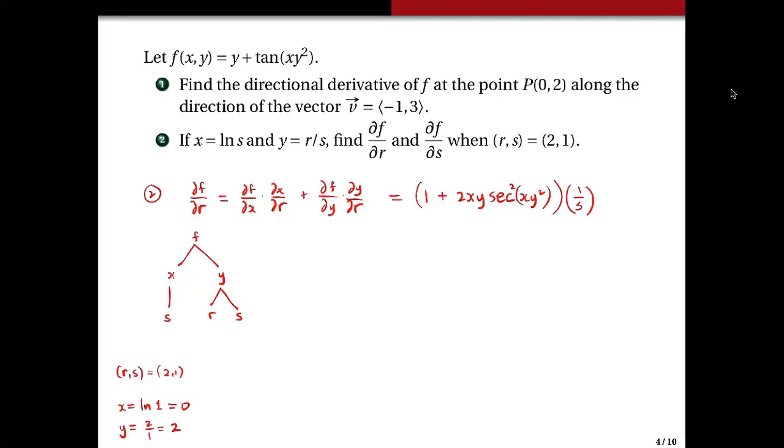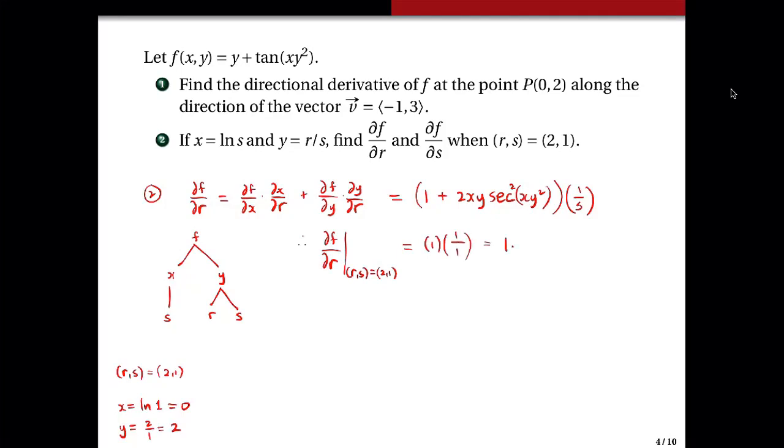So in here, partial of f with respect to r, evaluated at r comma s equals 2 comma 1, is equal to 1 times 1 over 1.